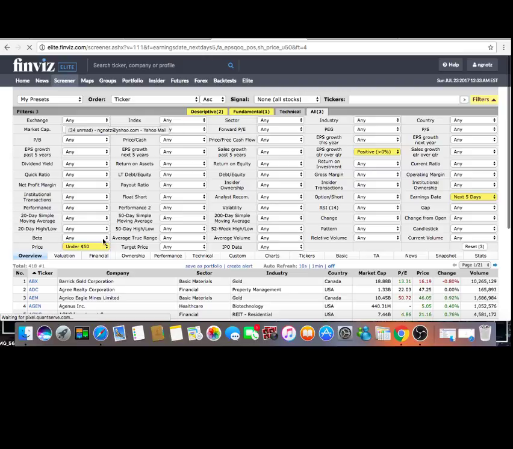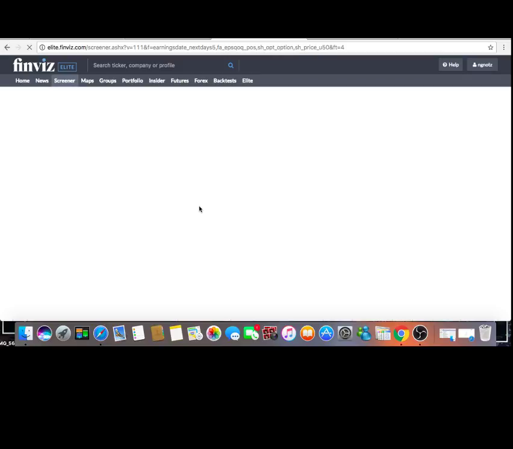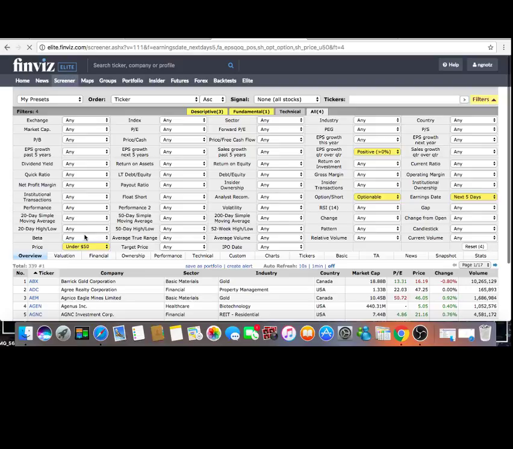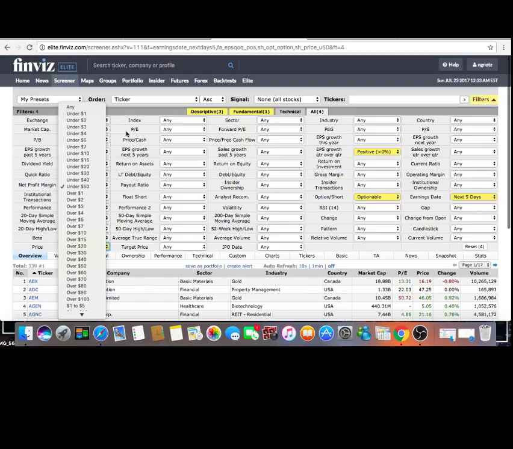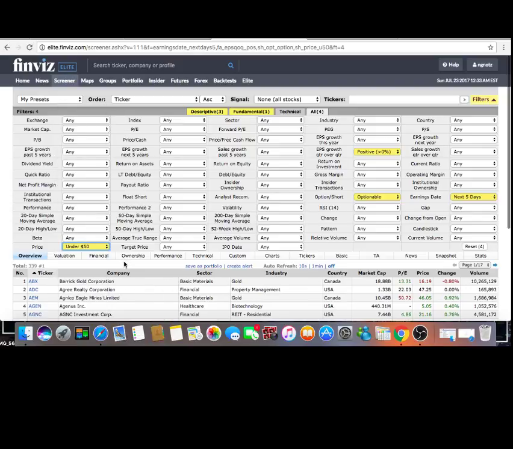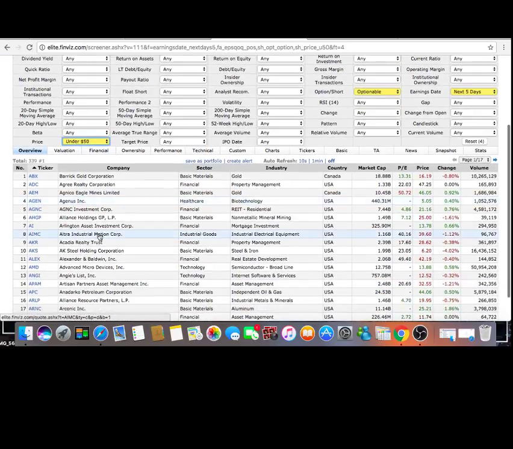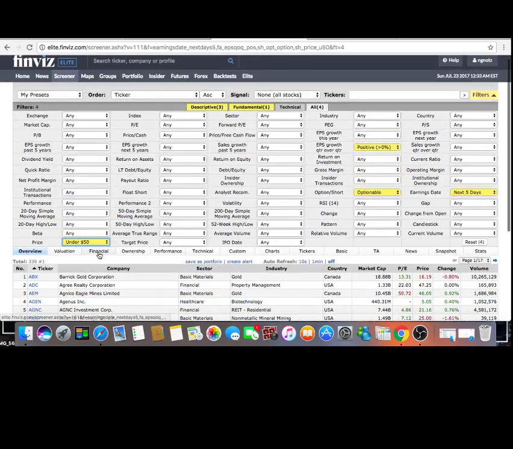So now we have everything under 50, and because I want to do, let's say I want to do options too. Where's the option one? I know it's here. There we go. Okay, so now this is what we're going to want to do.